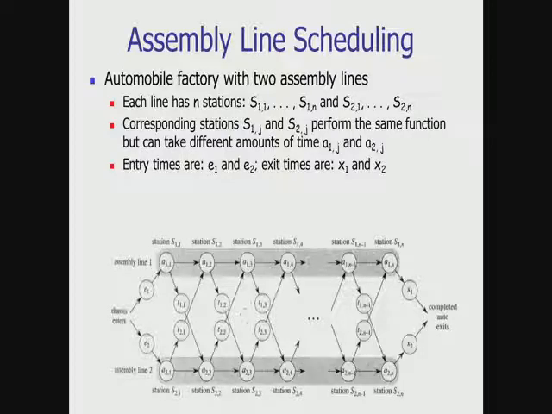The entry times into the lines, that is the entry into the first station S11 and the entry into the first station S21, are E1 and E2 respectively, and the exit times from the stations are X1 and X2 respectively.